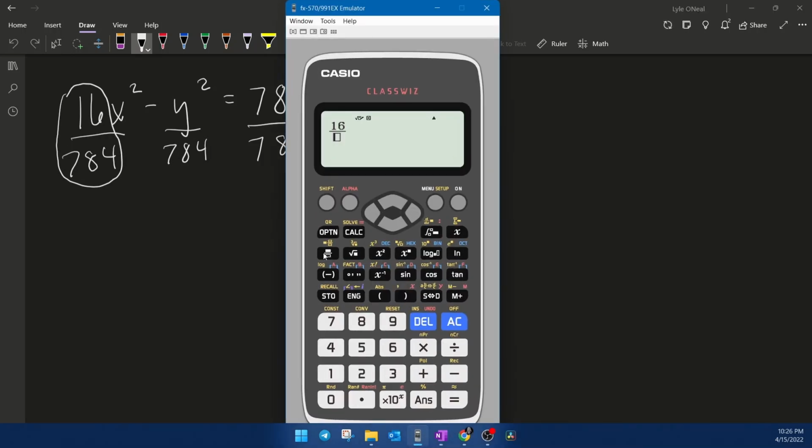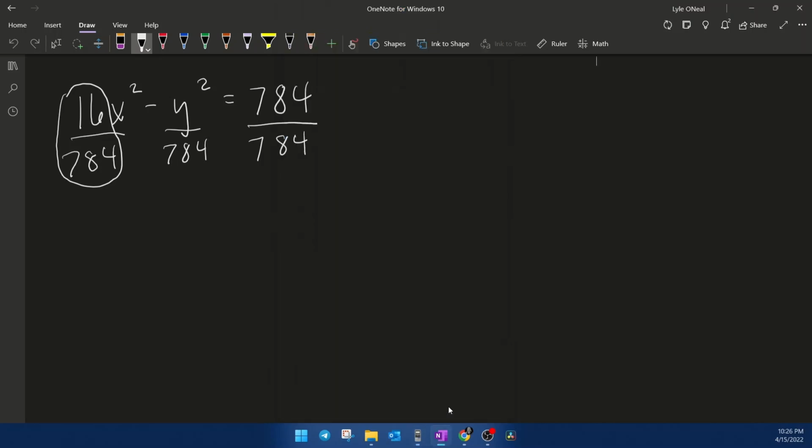The Class Whiz does a fantastic job of reducing these fractions. And that gives us 1/49. So that's going to be x squared over 49 minus y squared over 784 equal to 1.